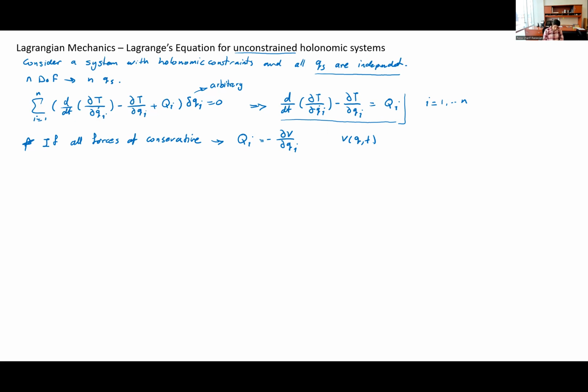And let's do that. Let me bring this to the other side. So I have d over dt of partial T partial q dot i, minus partial T partial qi, minus partial V partial qi, equals 0.